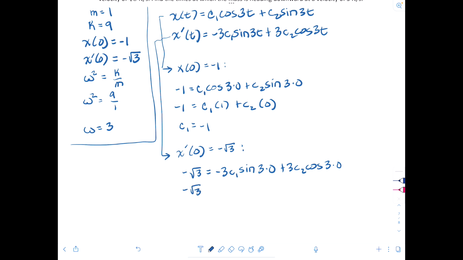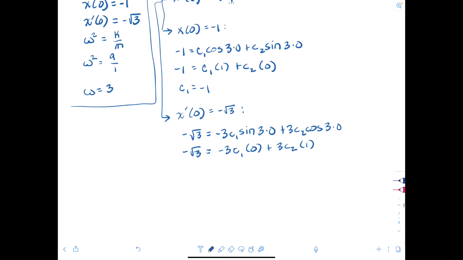Negative root 3 will be negative 3 times C1 sine at 0 is 0 plus 3C2 cosine at 0 is 1. So let's see. The first term zeroes out, and so negative root 3 over 3 is equal to C2.